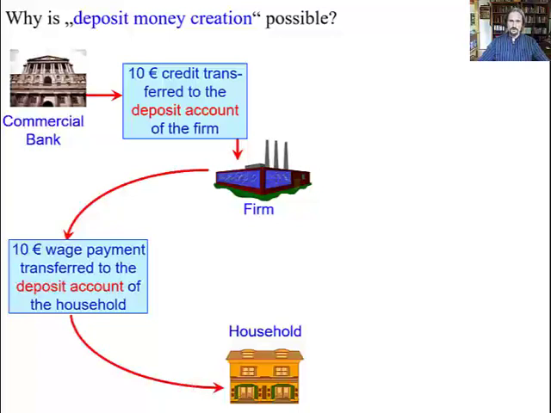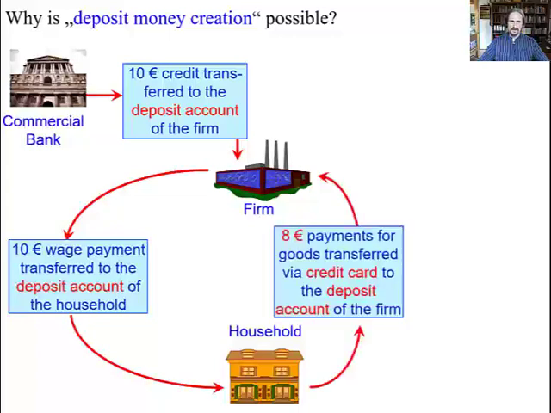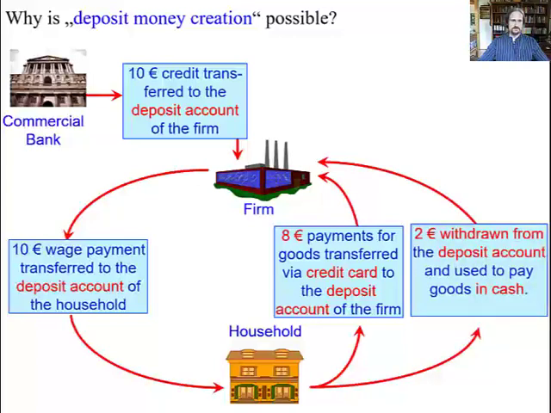If the household uses this money now to pay, let's say, for consumption goods, the largest part, typically 80% in the Eurozone, will be used to make cashless payments for these goods and services. The remainder, typically 20% in the Eurozone, will be used to make cash payments. And therefore the household will withdraw only €2 from these €10 in terms of cash.